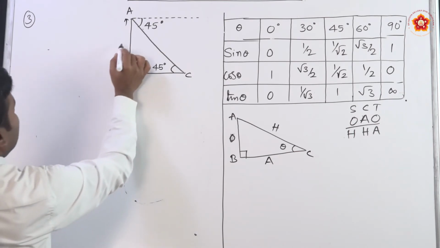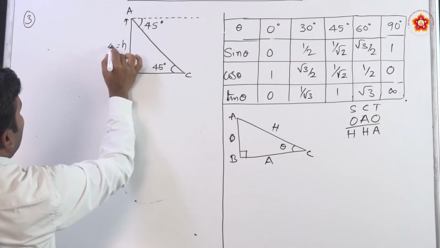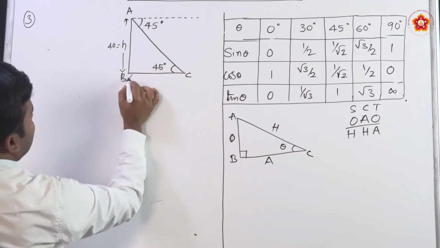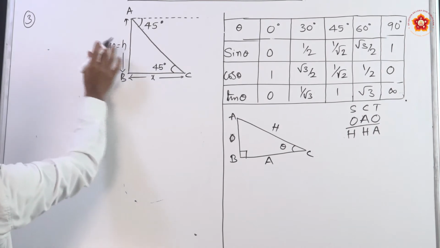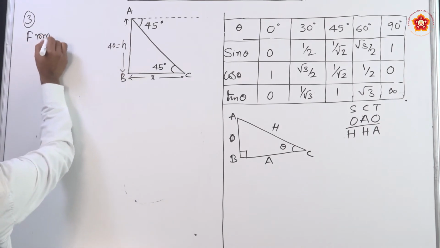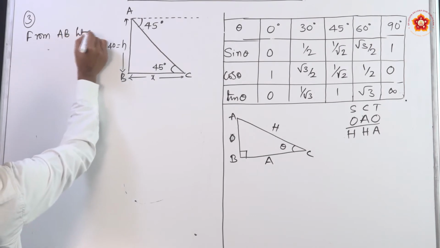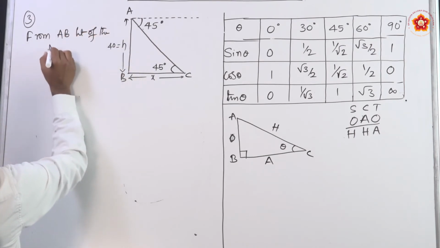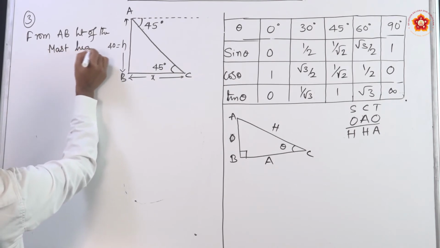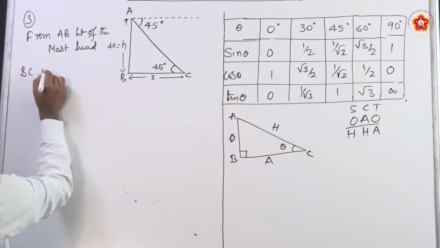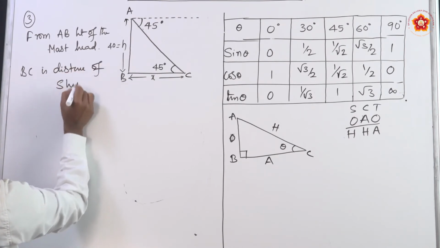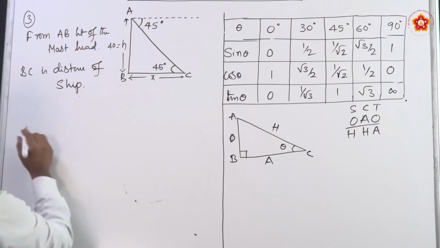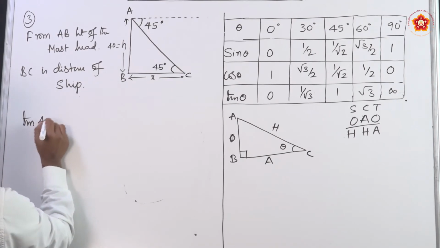40 meters, that is h they have given as 40 meters, and this is x we are going to find. From the triangle, AB is the height of the mast head and BC is the distance of the ship. So now I am going to define tan theta, that is tan 45 degrees.